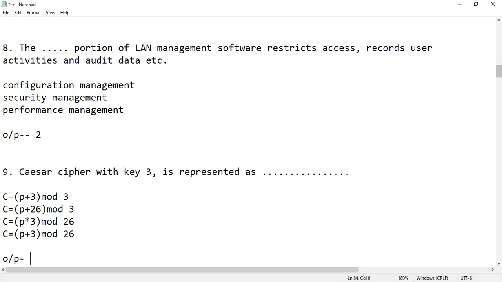For this question, the option will be 4.